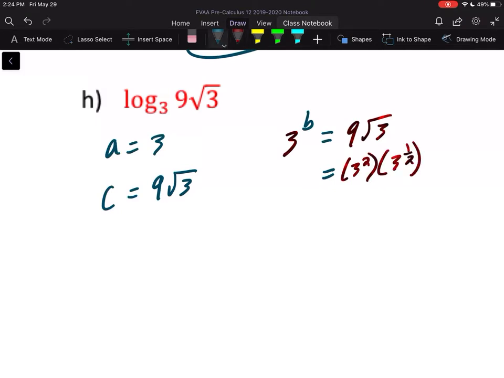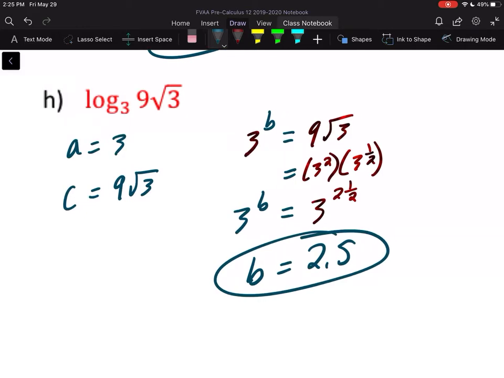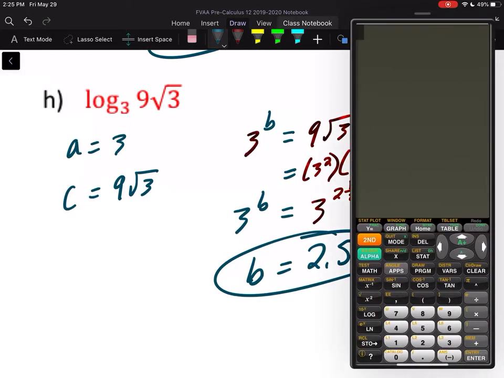All right, and then I add those two exponents together, which gives me 2.5. 3 to the 2.5 is equal to 3 to the b. Therefore, b is equal to 2.5. And there's your answer. And on the calculator, log of 9 root 3, close bracket, divided by log of 3. And there's your confirmation.